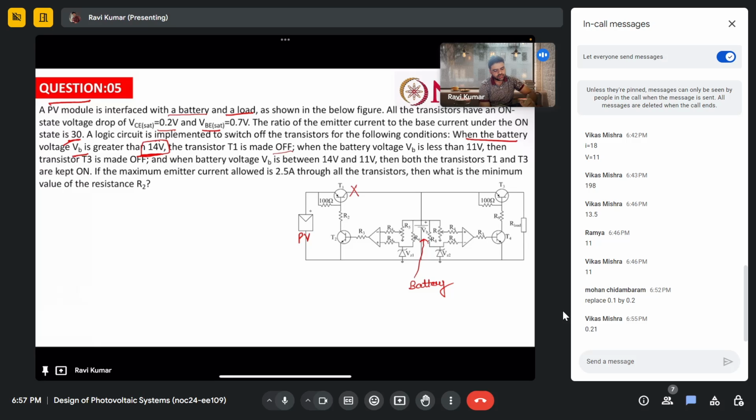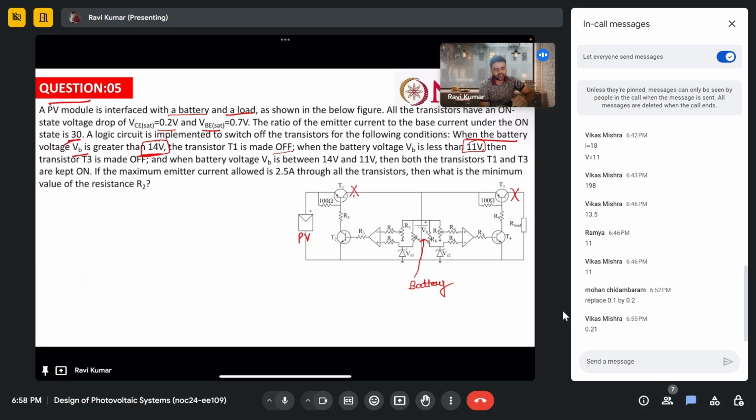When the battery voltage VB is less than 11 volt, which is Vmin, when the battery is fully discharged, then the transistor T3 will be turned off. It means our battery will be connected to the PV system only.